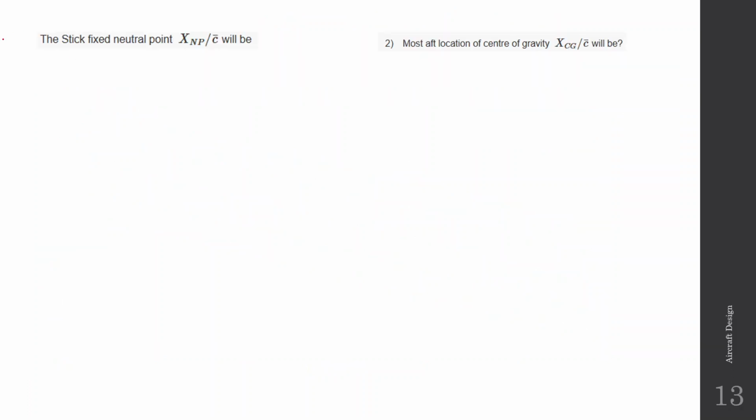So the first question is that what is the stick fixed neutral point? So what is XNP?